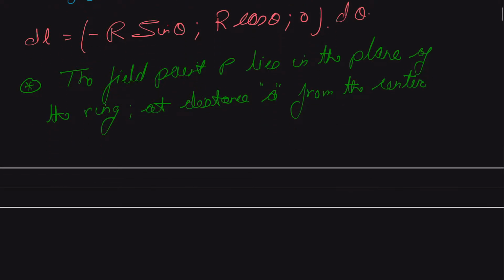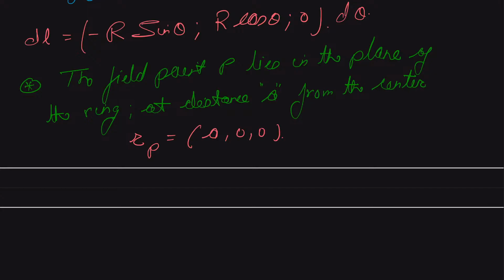Therefore, for the sake of convenience, we assume that this point lies on the x-axis. Therefore, we can write the coordinate for this point P as (a, 0, 0).